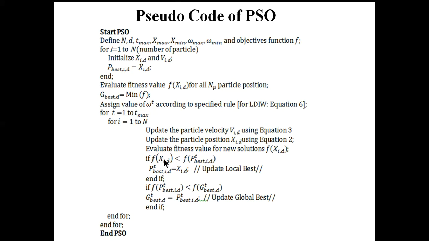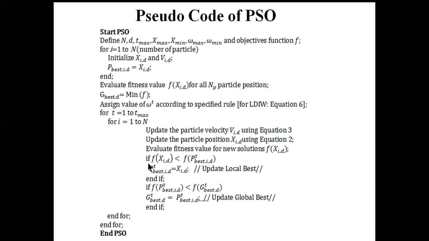So if x_i,d is better than the previous particle best solution, pbest_i,d should be x_i,d. Now if this pbest_i,d is better than the global best, obviously the global best solution should be replaced by pbest_i,d. So we get the ultimate local best and the ultimate global best solution.